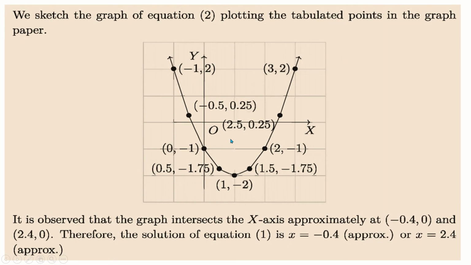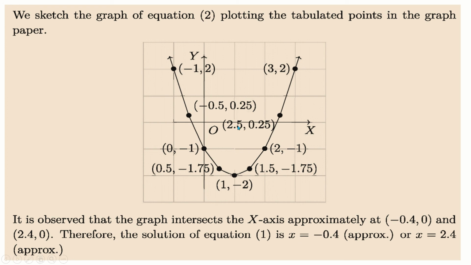Now plotting the points on the graph, and by joining the points we get the graph of this equation. But this intersects the x-axis at this point and this point, and it is not clear.